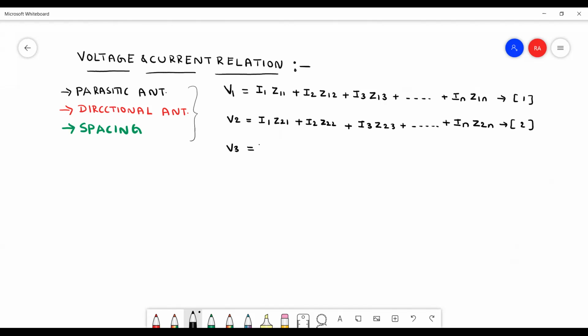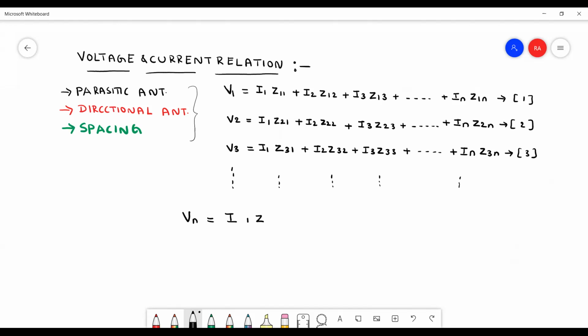V3 equals I1 Z31 plus I2 Z32 plus I3 Z33 plus so on up to IN Z3N. Likewise, VN equals I1 ZN1 plus I2 ZN2 plus I3 ZN3 plus so on up to IN ZNN.